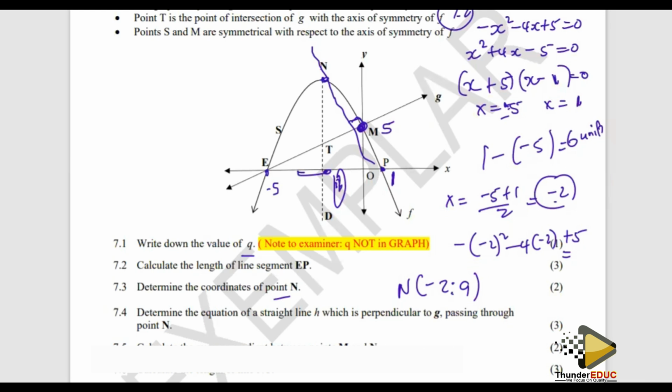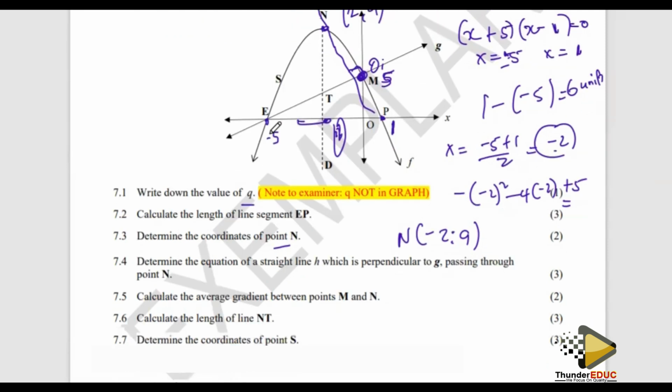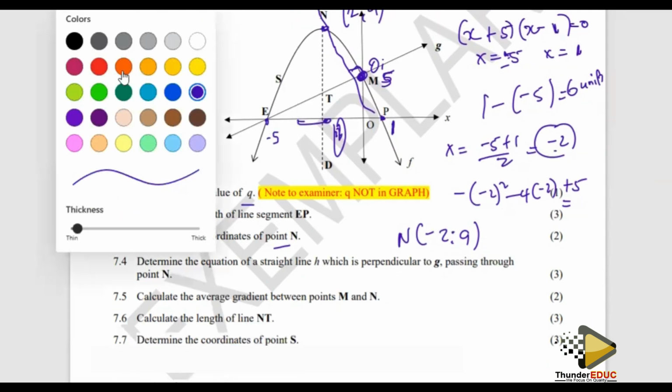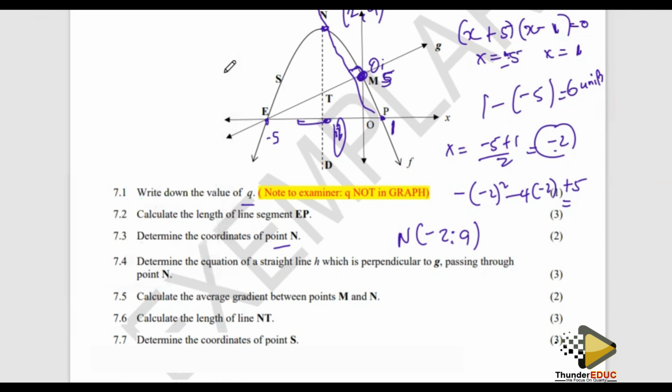Then calculate the average gradient between M and N. Where is M? M is 0 and 5. And then N is negative 2 and 9. So when they ask for average gradient, just the same gradient formula. Change in Y over the change in X. So it's more like Y2 minus Y1 over X2 minus X1.